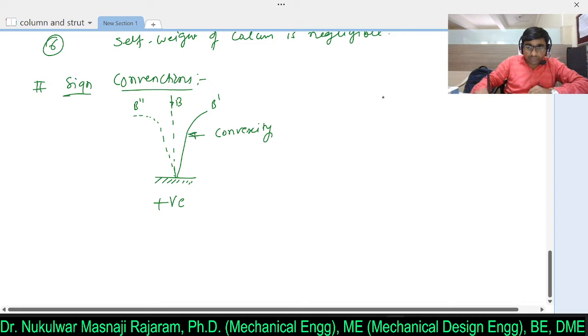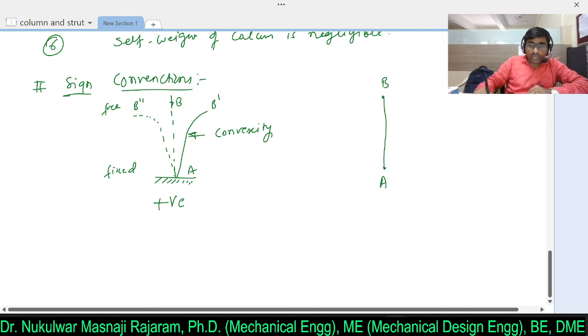And if I consider both ends pinned, here one end was free and this end was fixed. So when you consider the column, let's say this point is A, so A and B. Now if you observe here, I have considered pin joints instead of free and fixed.